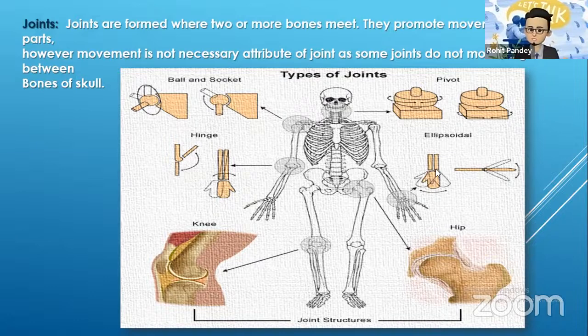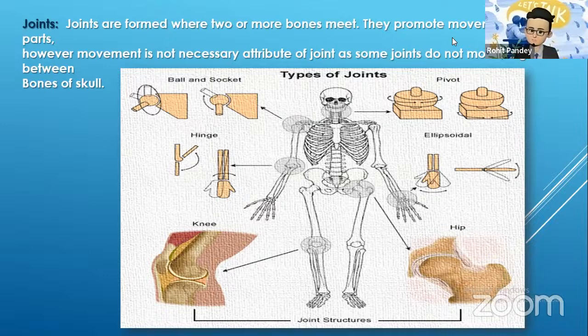Then the wrist and hand part is ellipsoidal, and the hip is ball and socket, and the knee part is a hinge joint structure, you can see over there. So joints are formed where two or more bones meet.